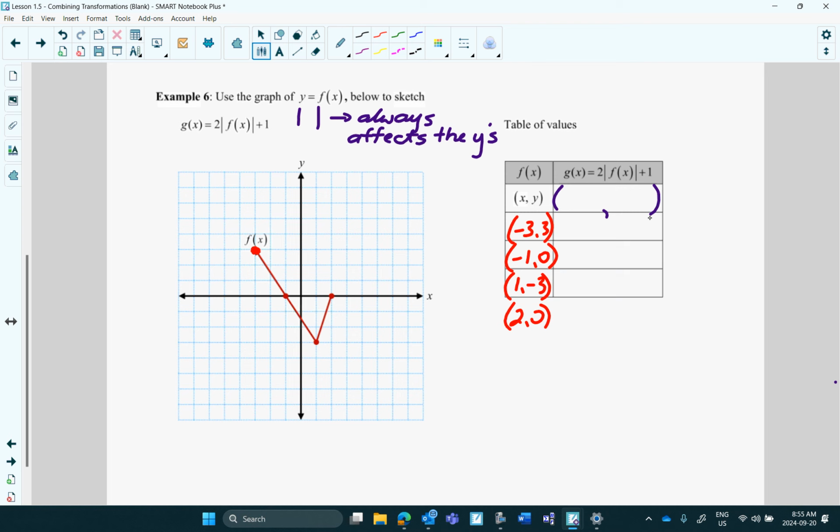Because if you think about it, with absolute value, the absolute value bars are on the outside of the function, aren't they? So if they're on the outside of the function, they're affecting the y's. Only anything that's in here affects the x's. So are the x's being affected at all? No. There's nothing going on inside. So that means x's are not going to change at all. But the y's will.